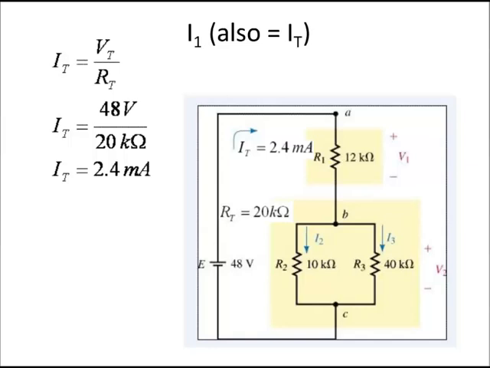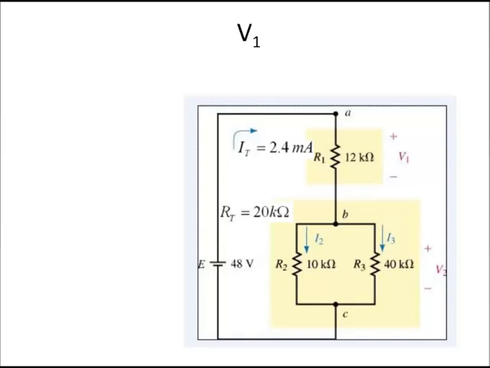So here we have the total voltage equal to 48 volts, and we previously calculated that the total resistance was equal to 20 k ohms, so that gives us a total current of 2.4 milliamps. So I1, also called IT, is equal to 2.4 milliamps.